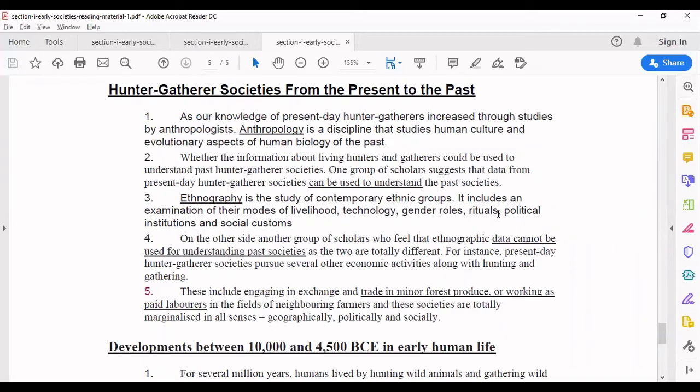They also work as paid laborers in the fields of neighboring farmers. And these societies are totally marginalized. So geographically, politically, and socially, they are very marginalized, and hence this data cannot help us to understand the hunting and gathering society of the past.